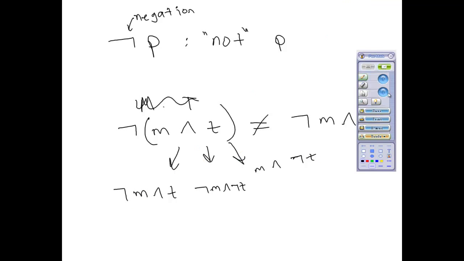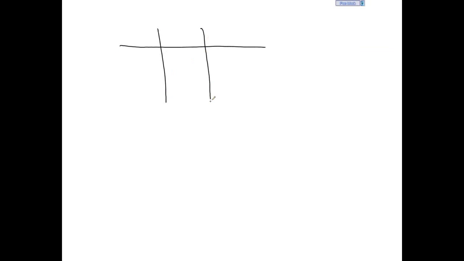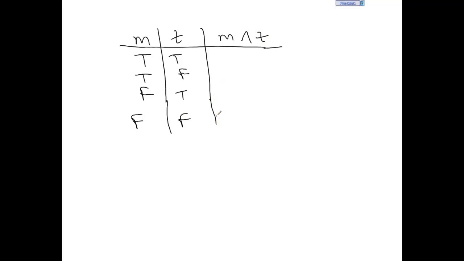Okay, well, let's do a real quick truth table for this and see if we can come up with any simpler way of expressing a negation. So here's M, T, and I like to do my true, true, true, false, false, true, false, false. And now I will do M and T, because the negation is just the opposite.